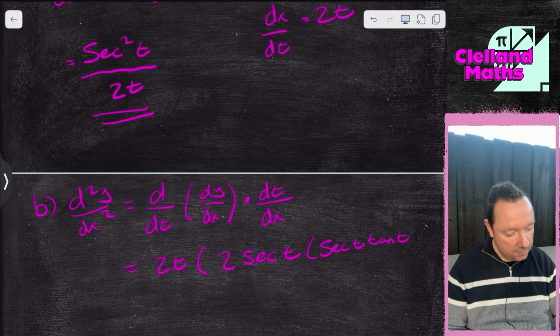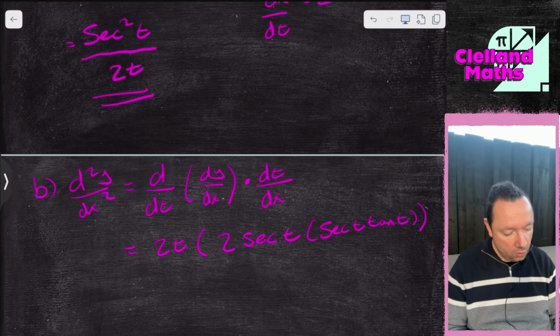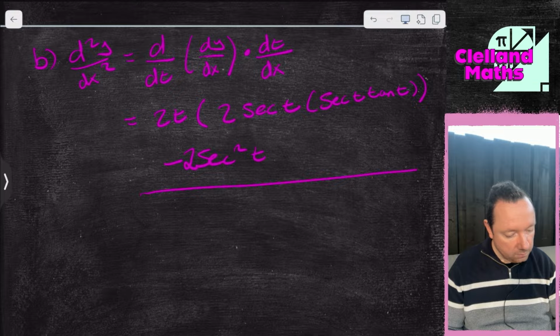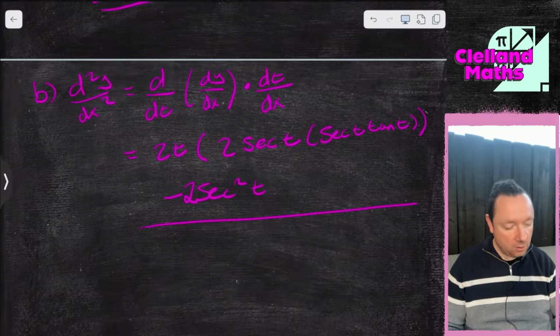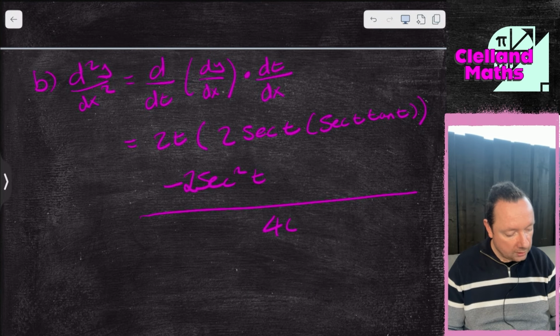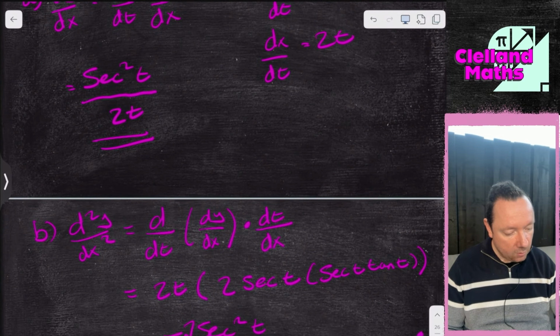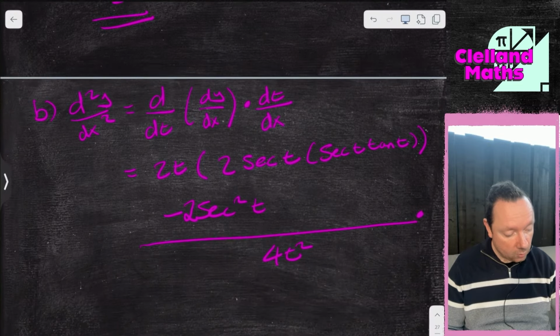Keeps you on your toes, that one. All times by 2t, so that's vu dash minus u times v dash, which is 2, so I'll just put the 2 outside. So that's all over v squared, 2t squared, which is 4t squared, all times by dt by dx, which is 1 over 2t.